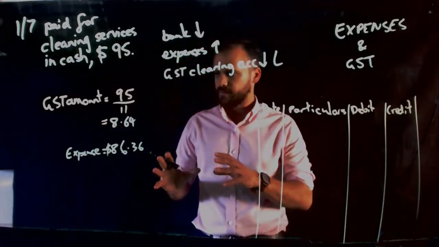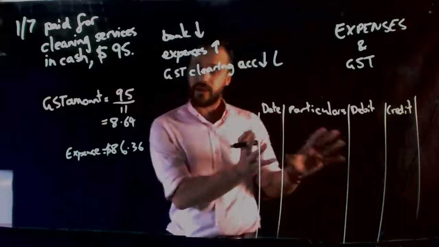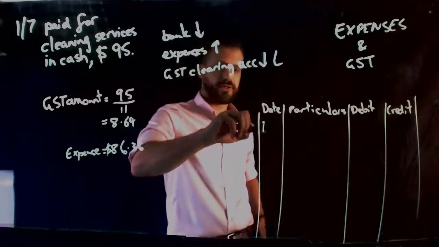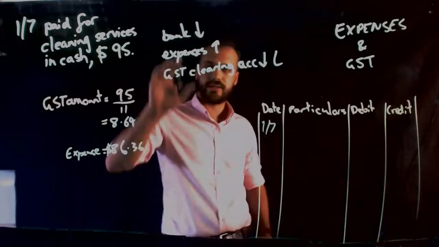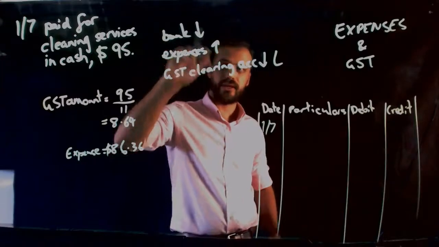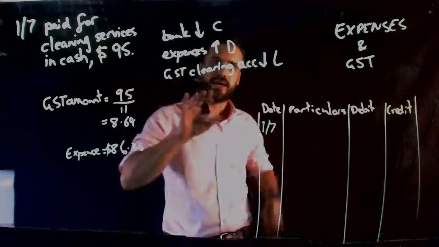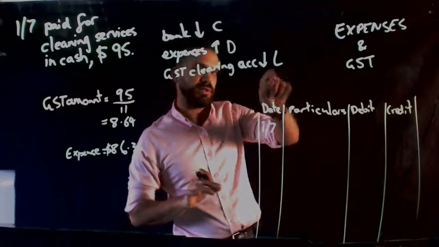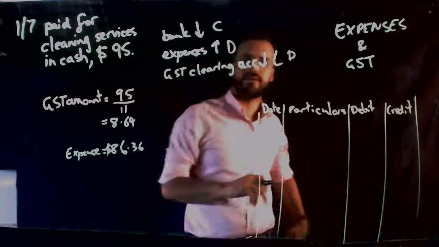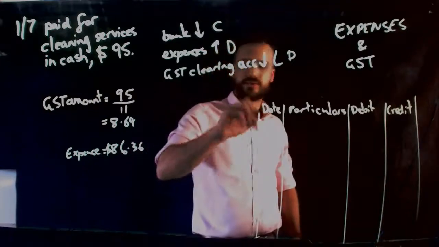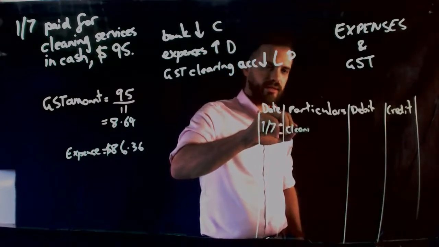Okay, now we just need to put that in here. So it's the 1st of the 7th. There's 3 accounts. There's a bank account going down, so that's going to be a credit. There's an expense going up, so that's going to be a debit. And there's a GST clearing account, which is a liability, going down, so that's going to be a debit. So, expenses, let's call them cleaning expense.